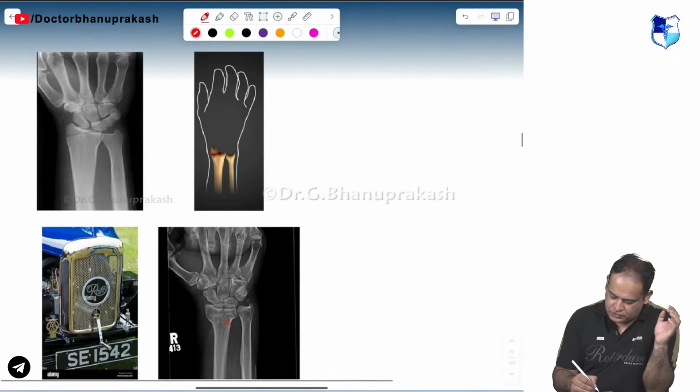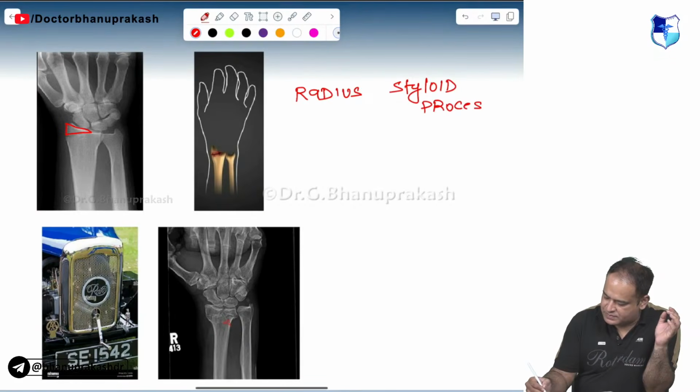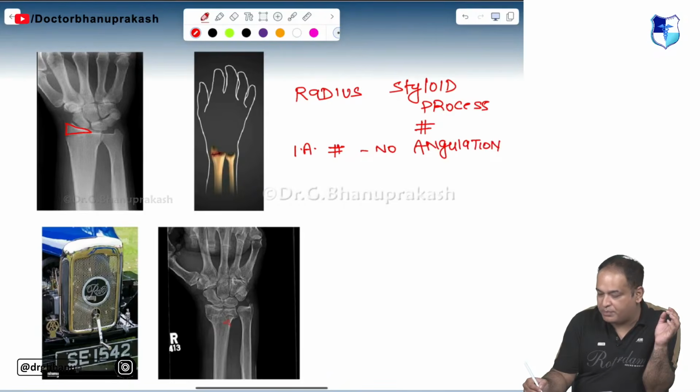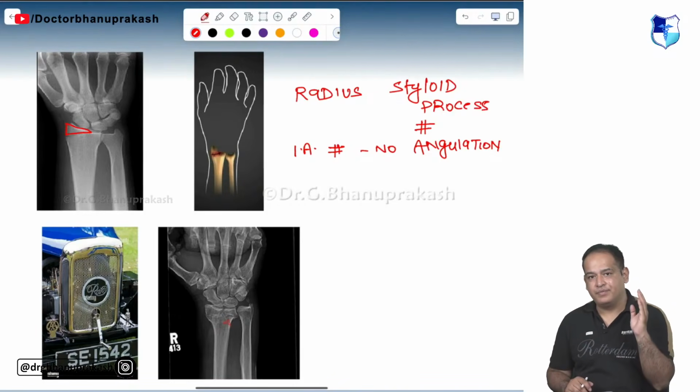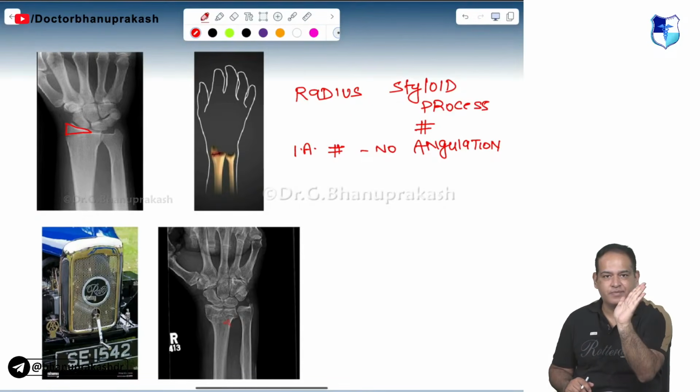Okay, so if, let's say, the radius styloid process is fractured, that means intra-articular fracture, but there is no angulation. The hand of your patient is straight, neither volar nor dorsal.